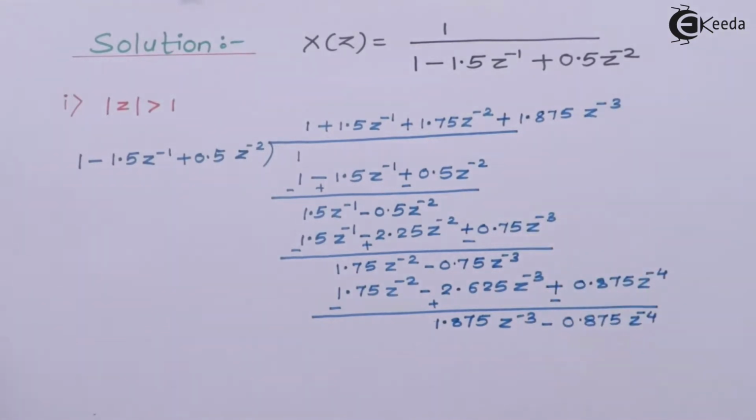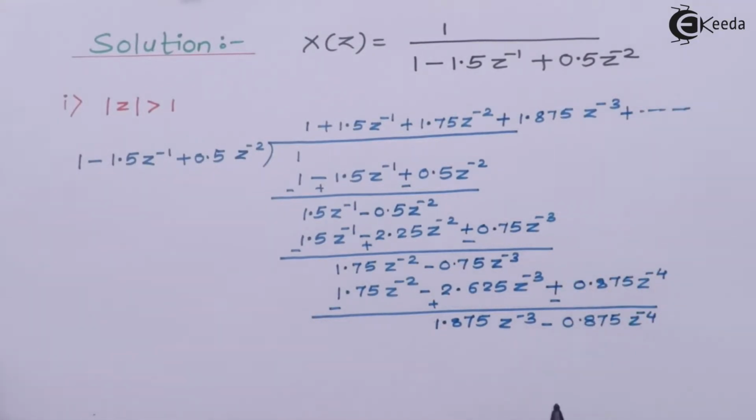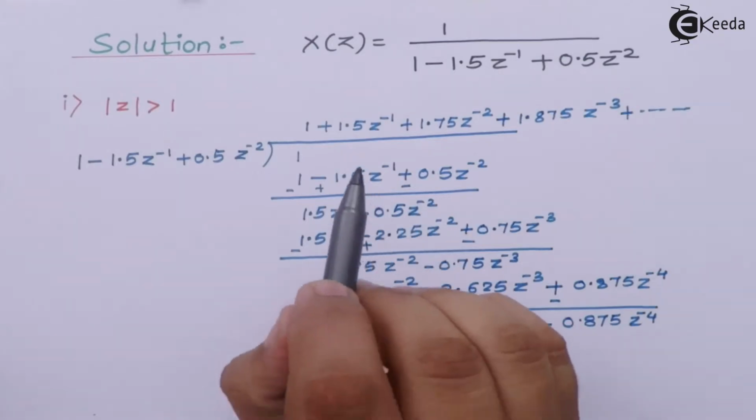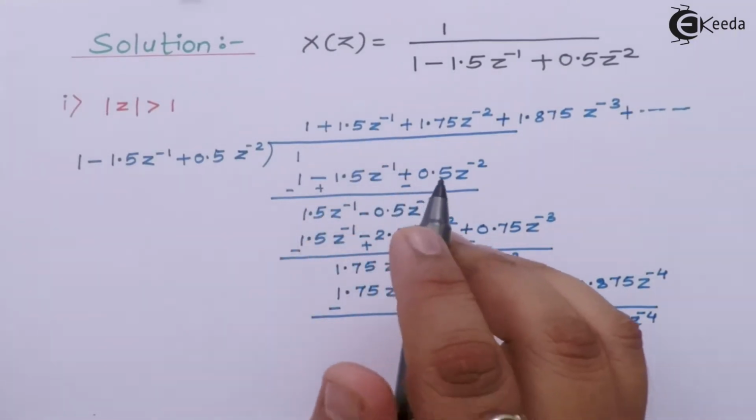1.875 into z to the power minus 3. Now if we want to divide further, you can move on, but I'll stop here, and this value goes on till infinity. Now this is my X of z, or the result X of z. Now I'll compare this result with the definition of z transform.